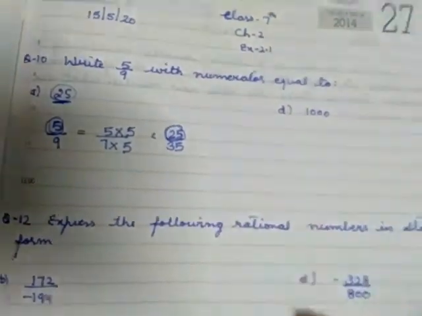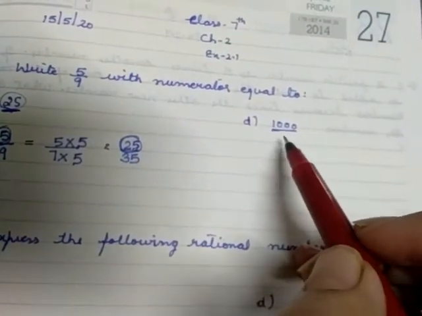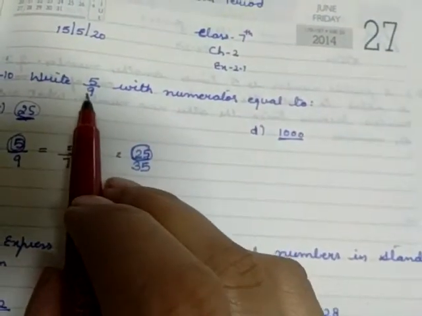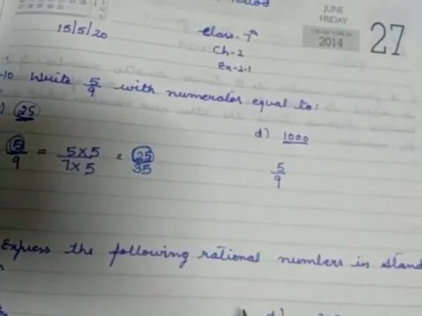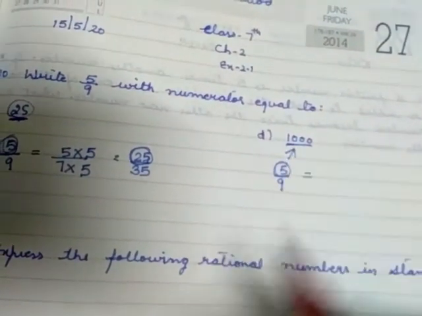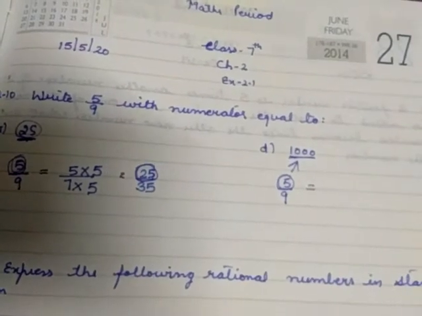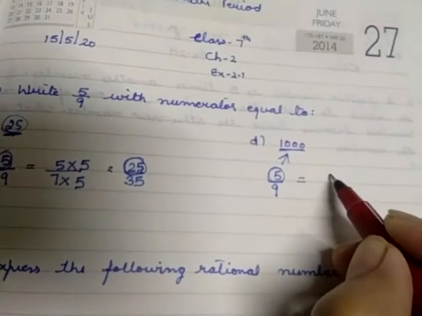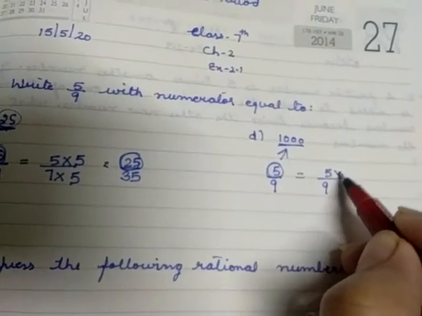Understand that? The next question is D part, that is 1000. So you have to make the numerator 1000 according to the fraction that is given. The fraction given is 5 upon 9. Now you have to convert the numerator according to the given number, that is 1000. So which number has to be multiplied with the number 5 so that it will become 1000?